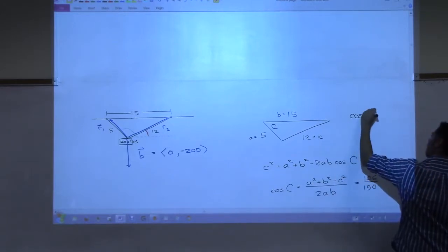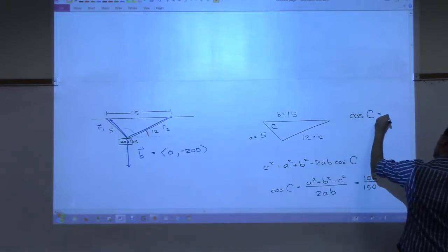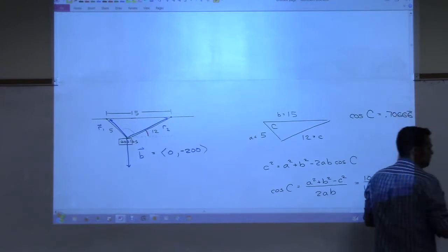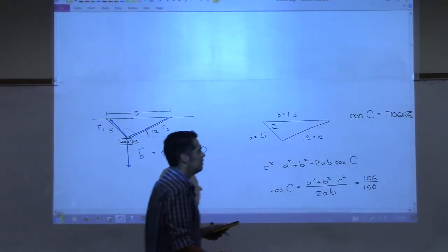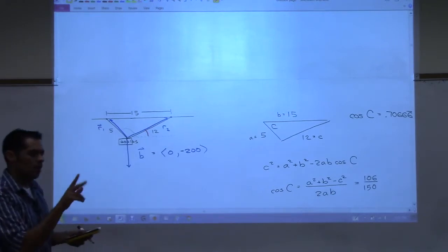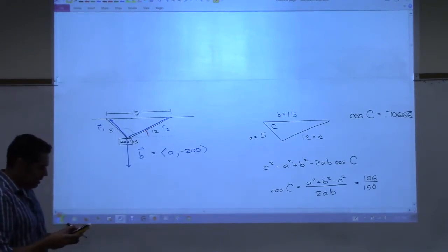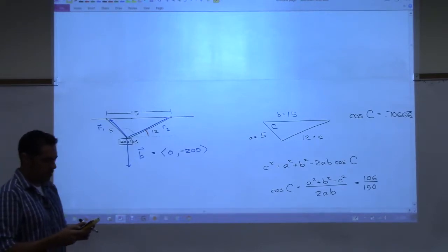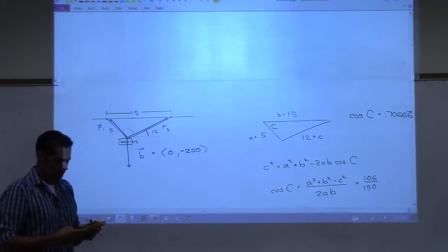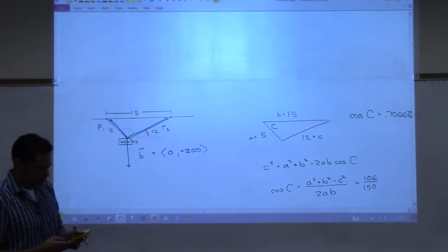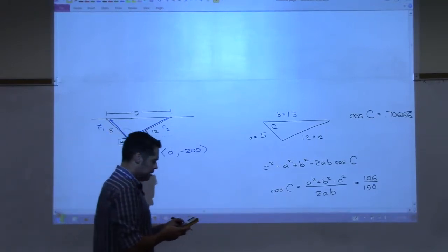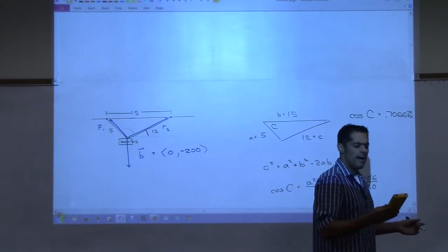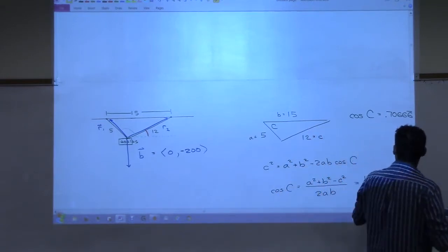Cosine C equals 0.70666. Yeah, and now you do arc cosine on both sides. I'm going to be in degree mode here, which I am, okay. And arc cosine of that, 45.035.